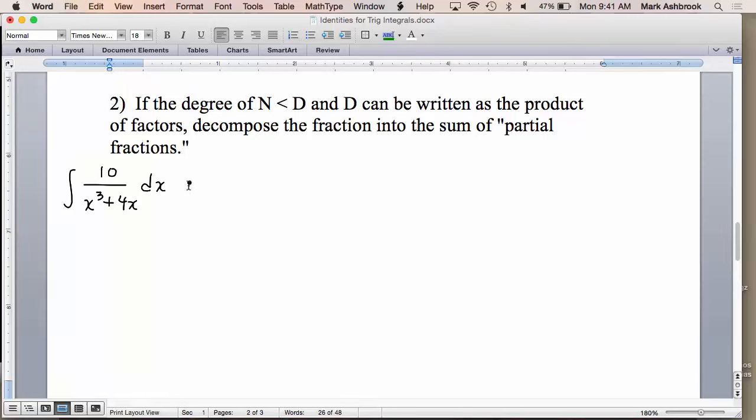Certainly. Degree of the numerator is 0. Degree of the denominator is 3. Can the denominator be factored? What can factor here? X. X times? Can it factor any more than that?